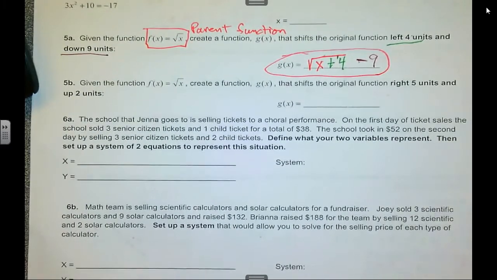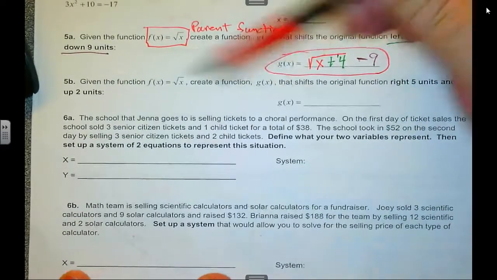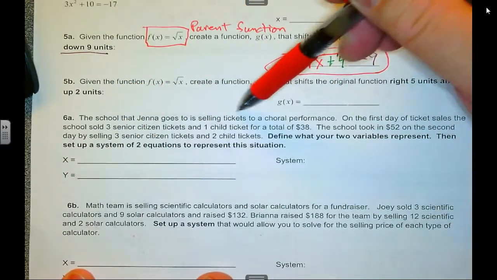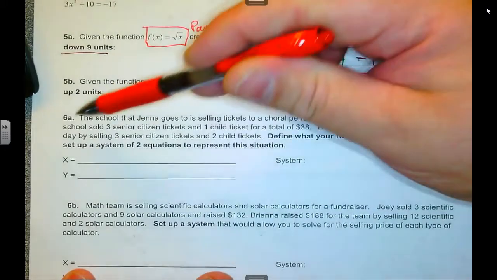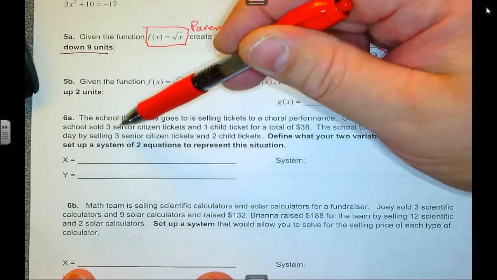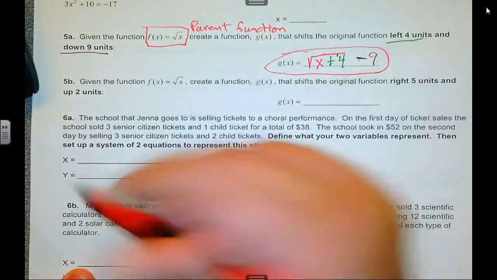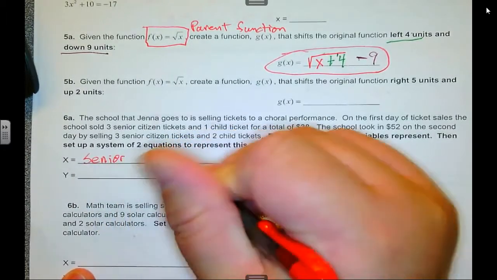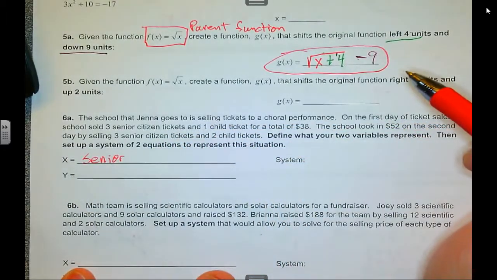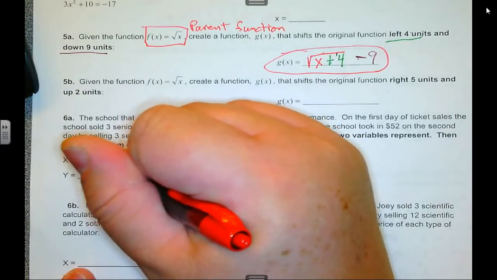Number 6A. The school that Jenna goes to is selling tickets to a choral performance. On the first day of ticket sales, the school sold 3 senior citizen tickets. So x equals the price of the senior citizen tickets.